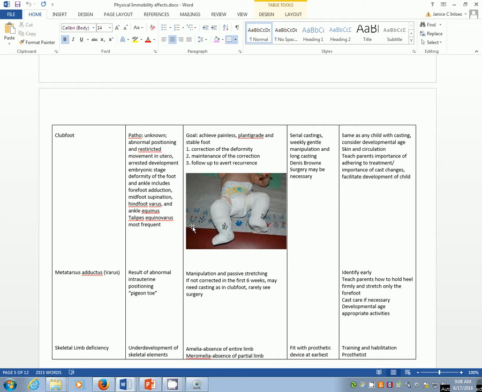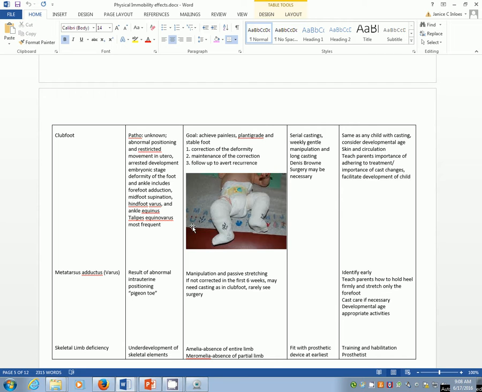Now, if it develops because of abnormal positioning, they may not do an ultrasound unless there's a problem in the pregnancy, and it comes as a big surprise to the family. So sometimes you have to work with getting the parents to accept the fact that their child does have a deformity, but we're going to try to fix it.